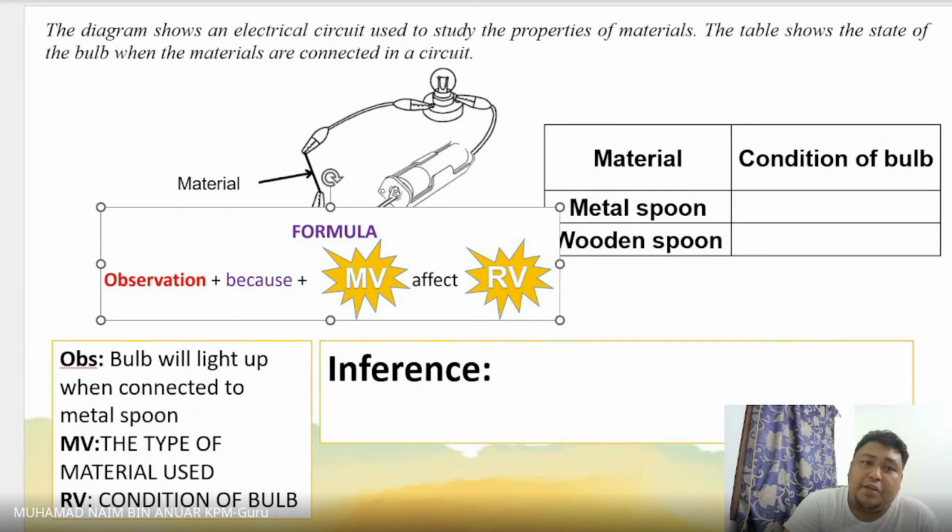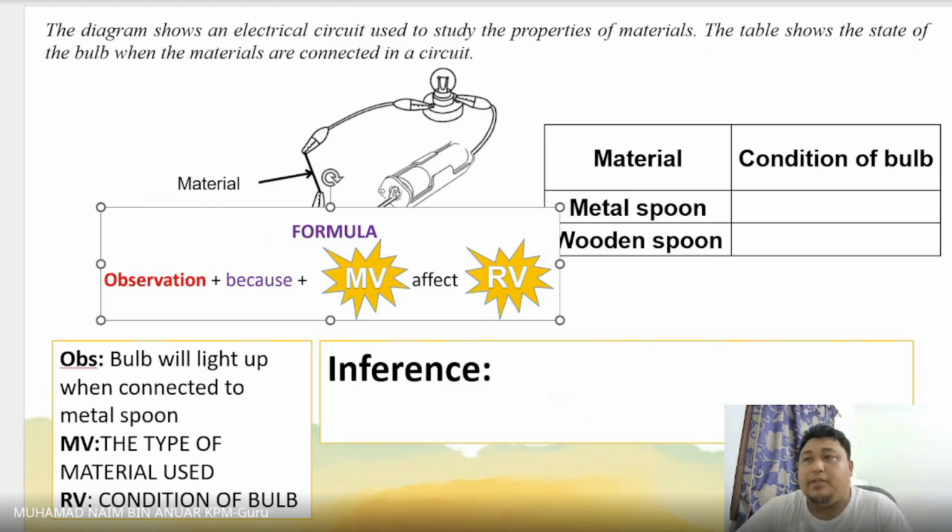Yes, Amir Afi. Correct. This is how you answer the question when you have no idea how to write inference. Metal spoon is better. Better what? Better to use, better to eat, better what?